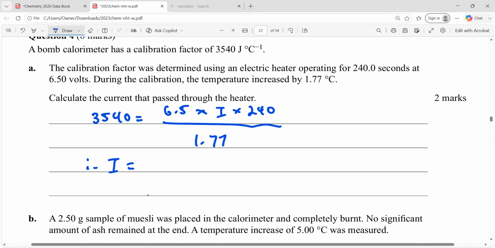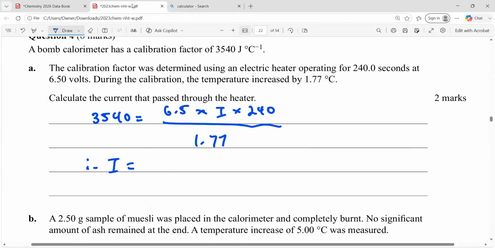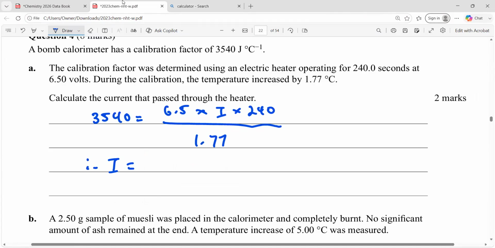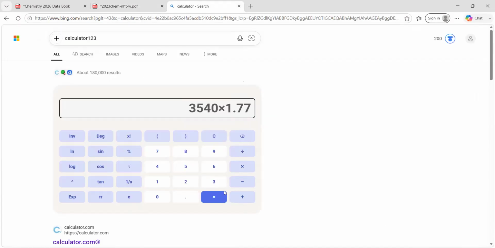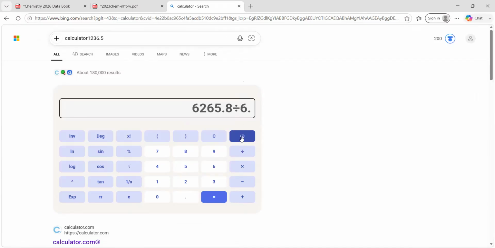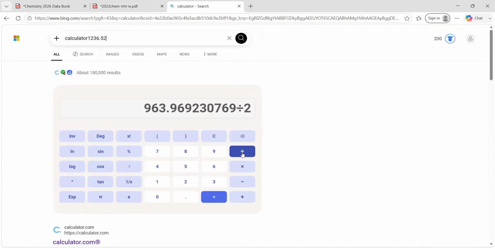Therefore, I is equal to 3540 times 1.77 divided by 6.5 divided by 240.